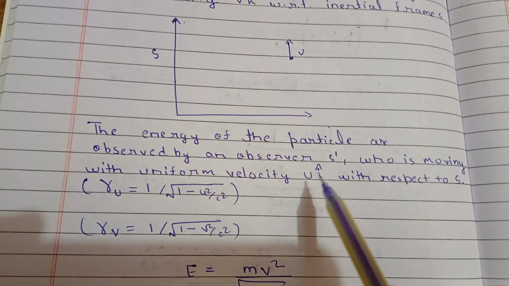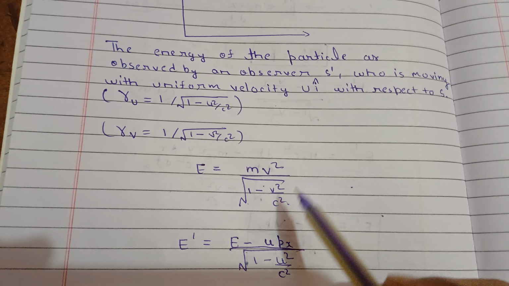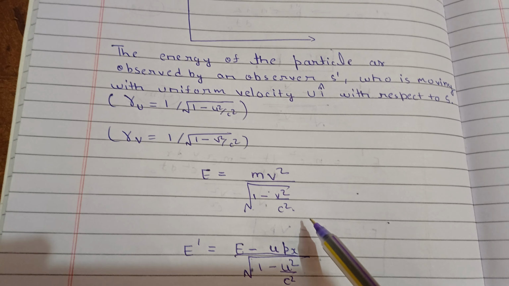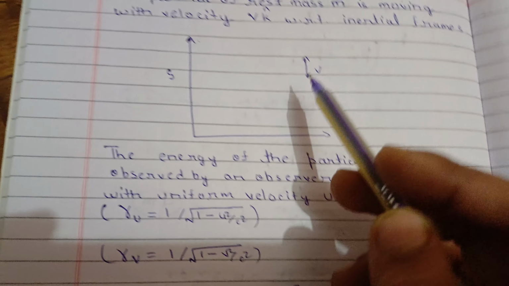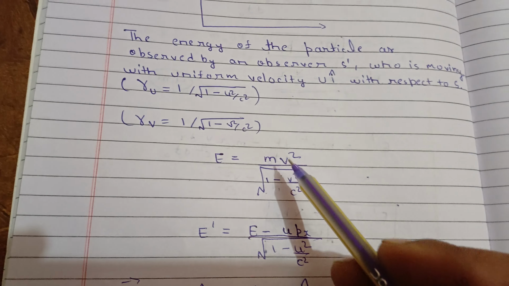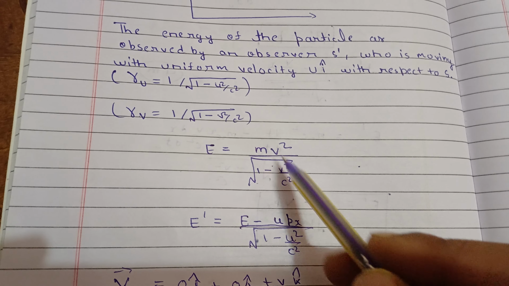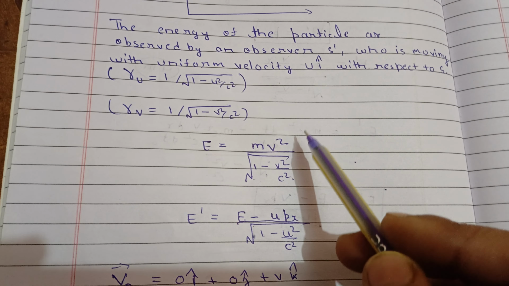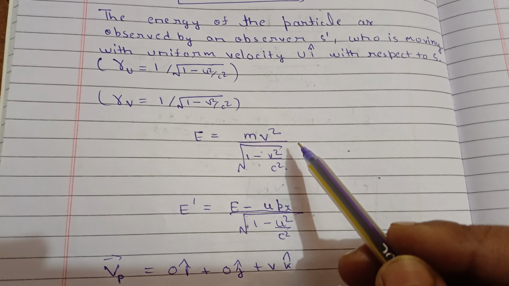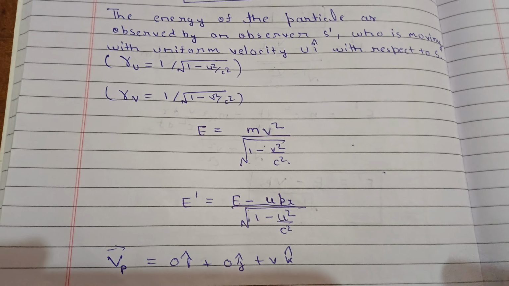Okay. So if we take the energy of this particle in S frame, that will be mv square by root 1 minus v square by c square. Okay, v is the speed of this particle and m is the rest mass, so it all gives us the relativistic mass, and mv square will give us the energy.